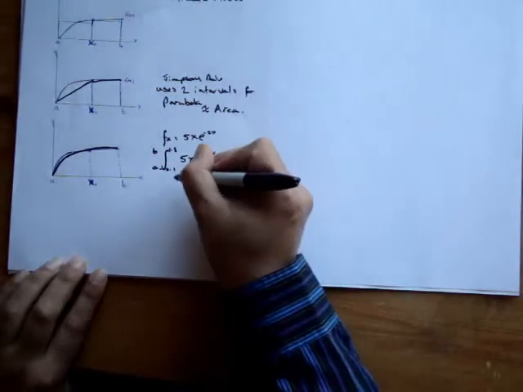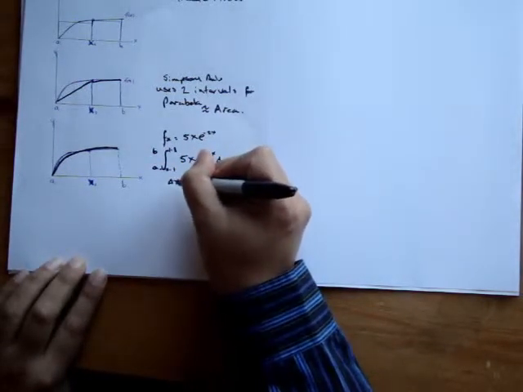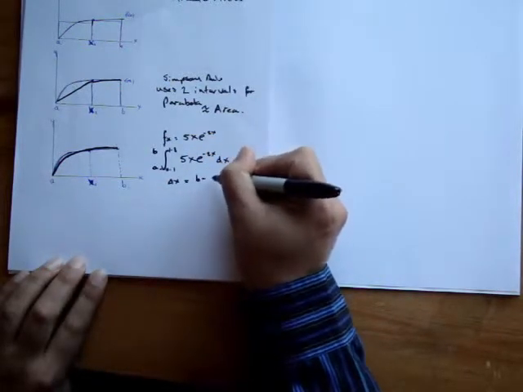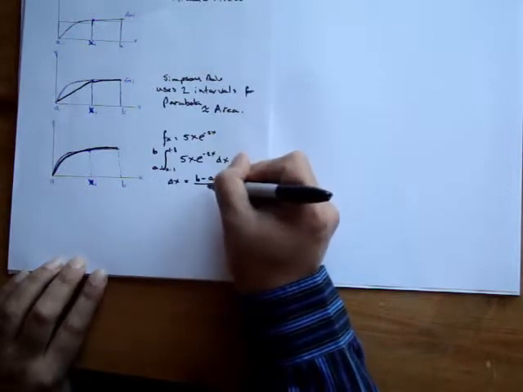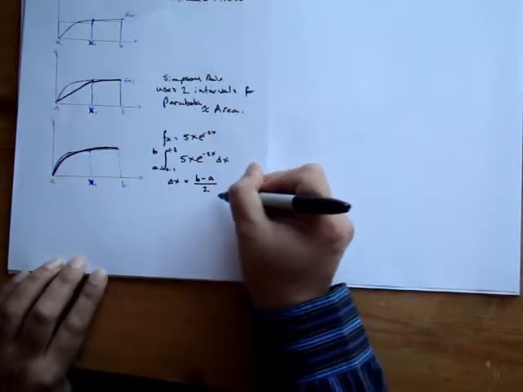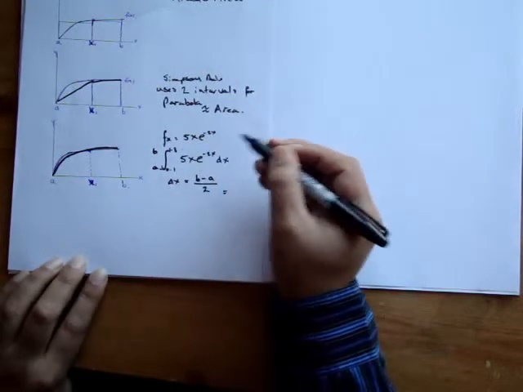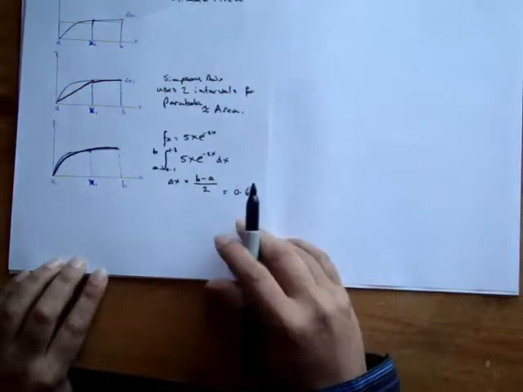The width delta x, or sometimes called h, is b minus a over the number of intervals, which in this case is 2. So this would be 1.3 minus 0.1 divided by 2, which is 0.6.